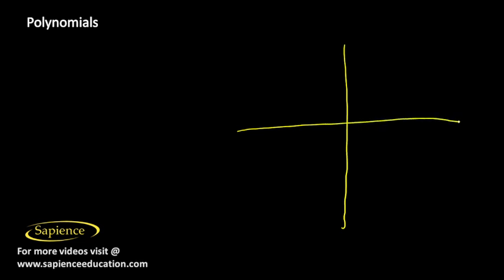Now let us see what happens for degree 2 polynomials. This is a Cartesian plane, x-axis and y-axis.